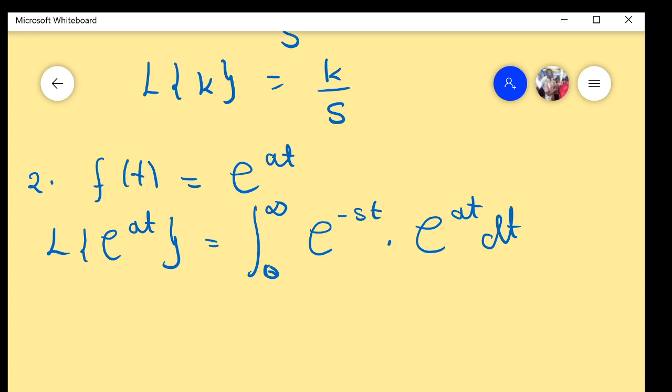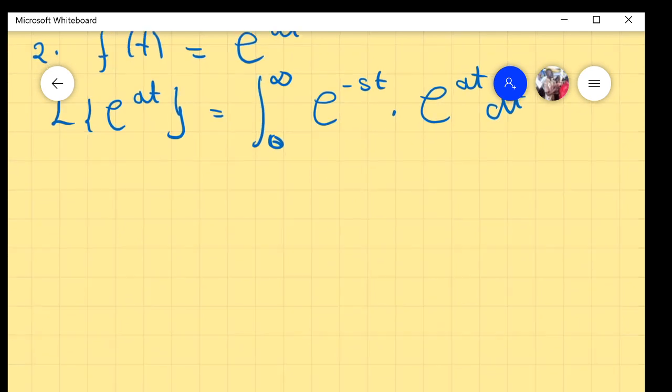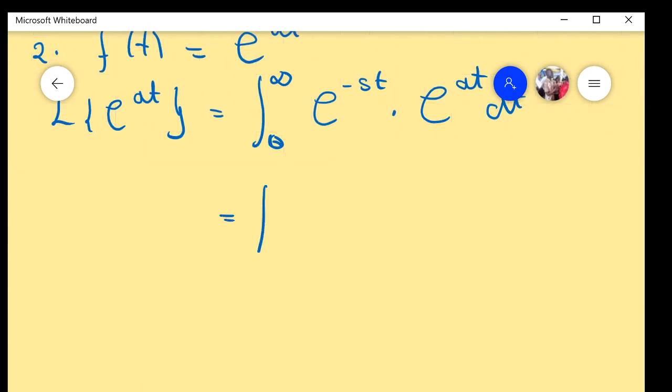So you remember our indices, because the bases are the same, we can find the sum. So I have the integral from 0 to infinity of e to the power a minus s, t, dt.